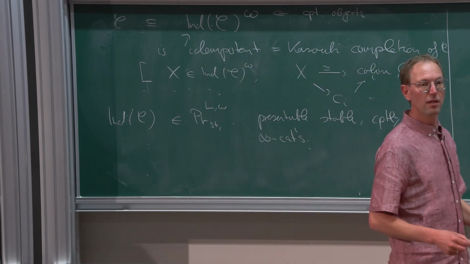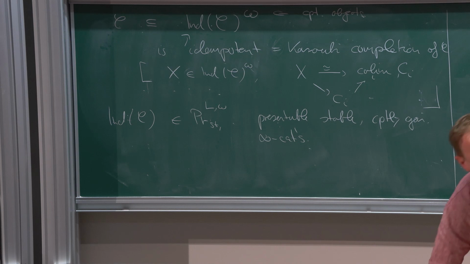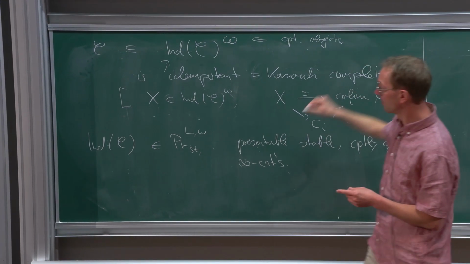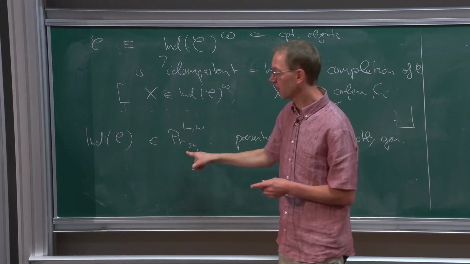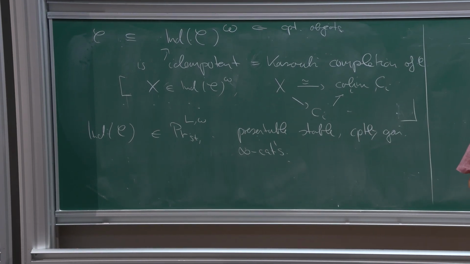Yeah, I'm confused. Do you suggest that these are compact objects in this thing, because in your notation you write an omega there? I mean, PrL is a category. You mean this omega? No, these are not the compact objects inside this category. But what is the superscript?